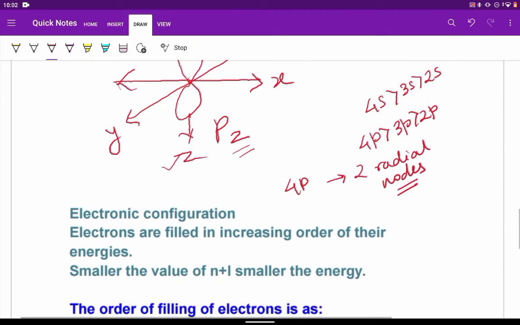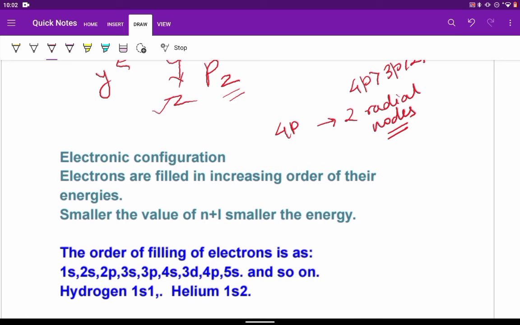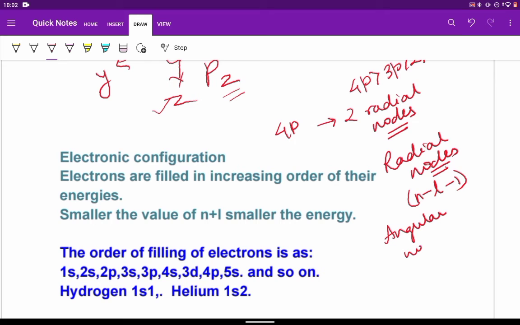So for the radial nodes, we can use the formula n minus l minus 1. Radial nodes can be represented as n minus l minus 1, whereas angular nodes are given by l.